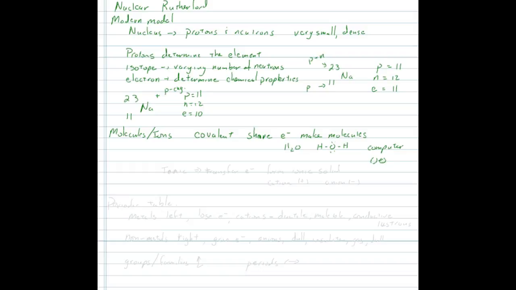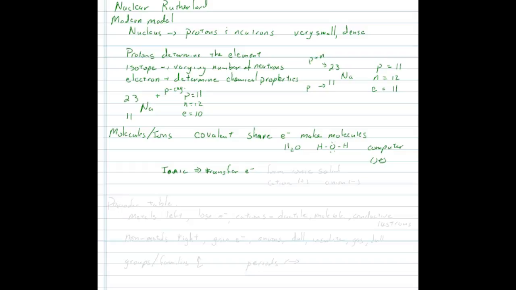Ionic compounds give or take, or transfer, electrons. So they transfer electrons to form ionic solids.